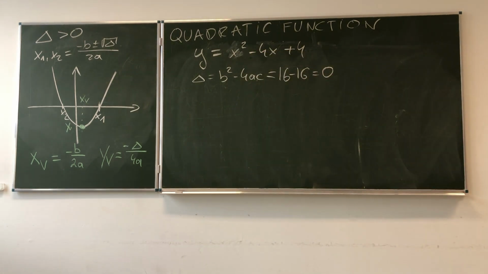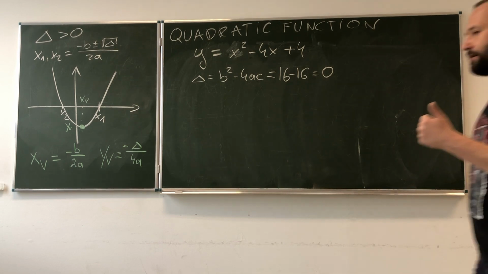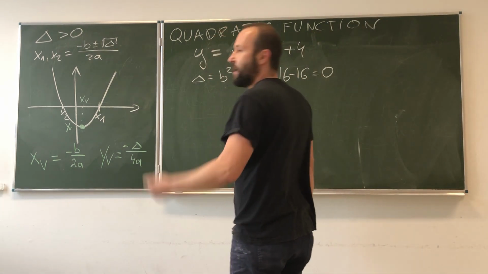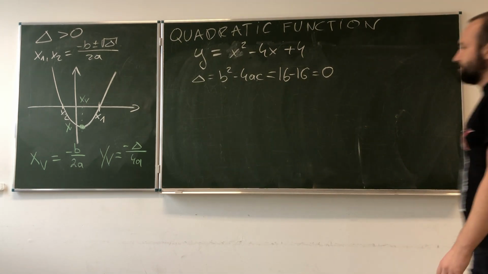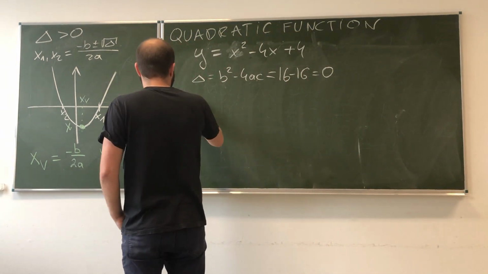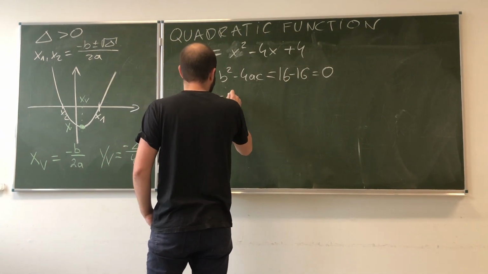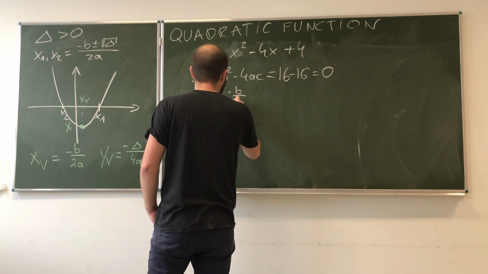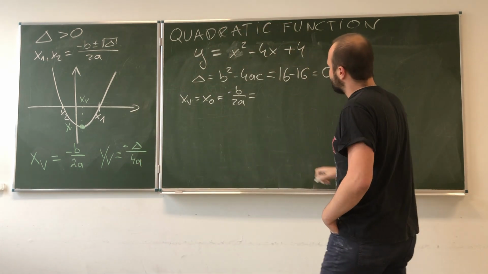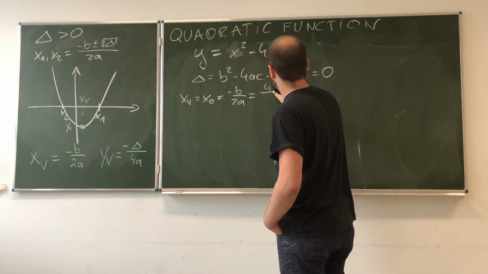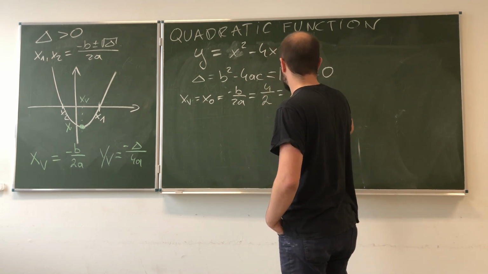So now, with delta equal to 0, it means we have just one repeated root, and the location of this repeated root will also give us the location of vertex. So, we get that x of vertex and x0 are given by negative b over 2a, which is simply 4 over 2, or simply 2.